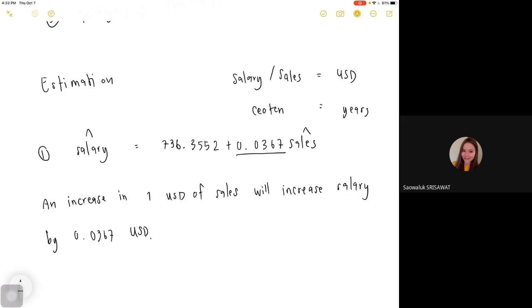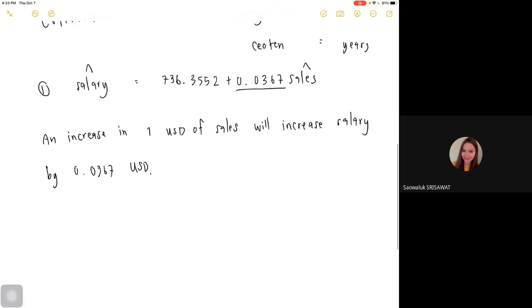This is your interpretation of the first estimation.